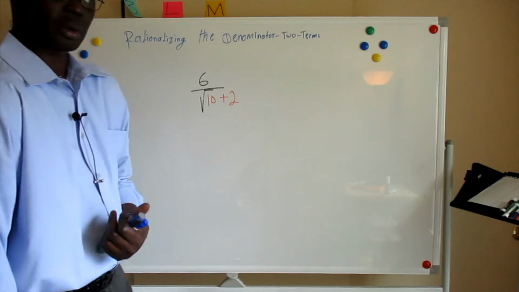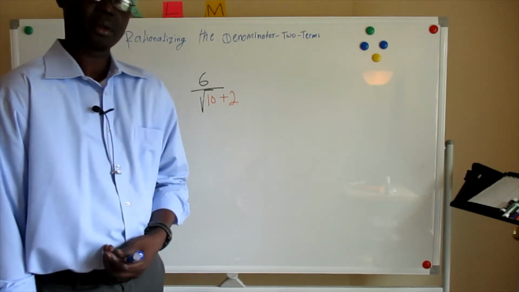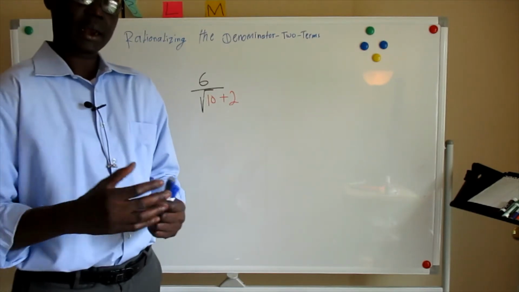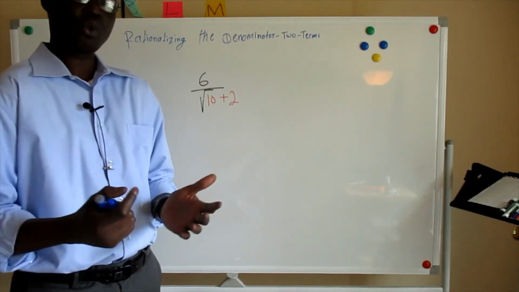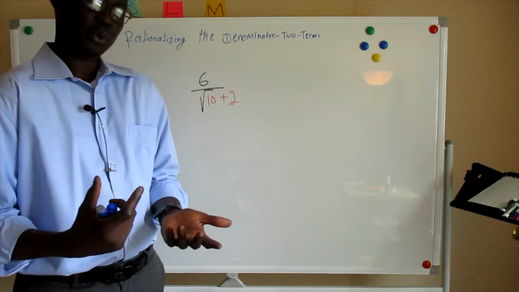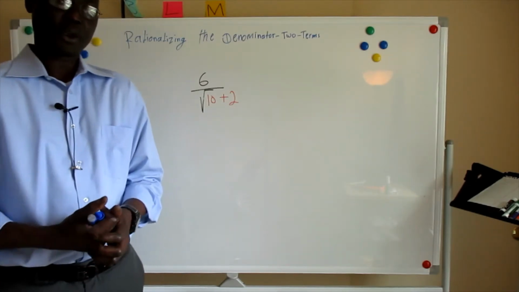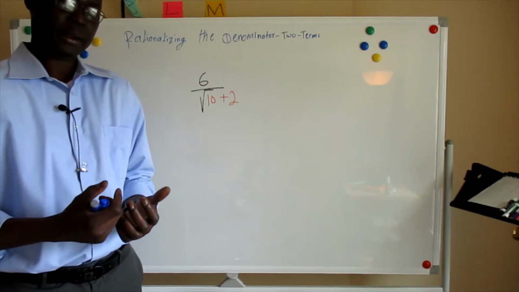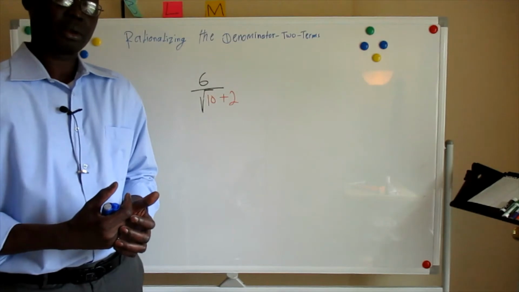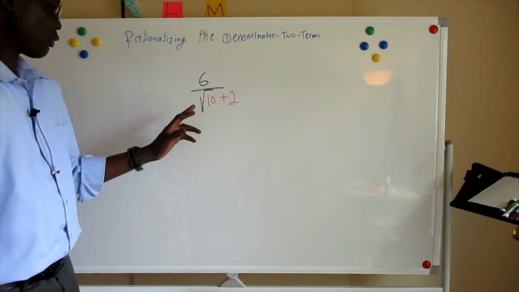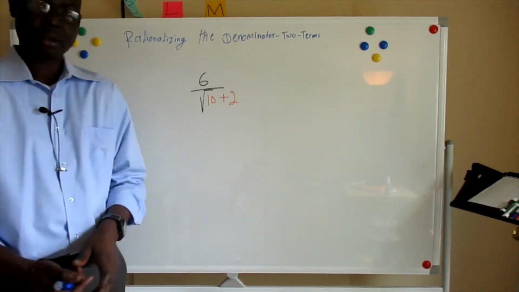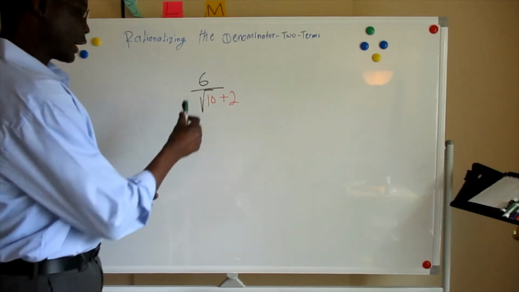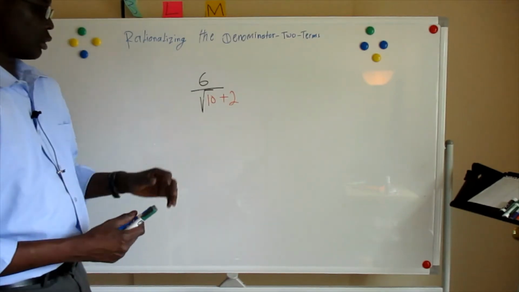In the last video, we talked about the order of operations, where we learned how to perform operations when you have more than one operation, like adding, subtracting, multiplying. And the goal of this problem today is to simplify the radical expression.